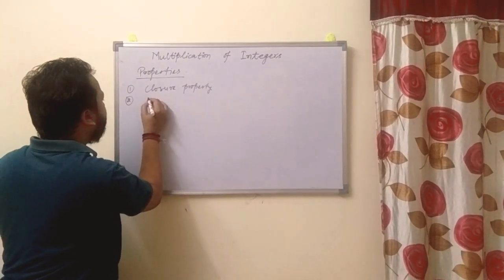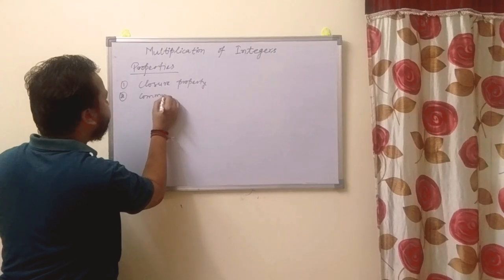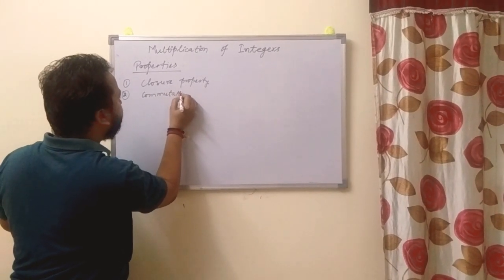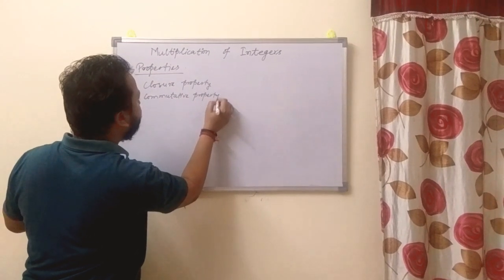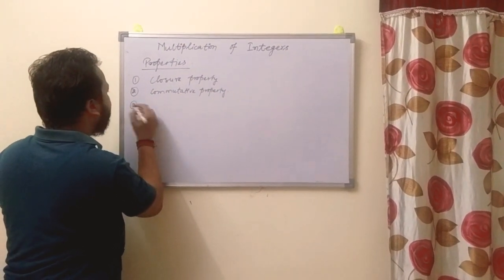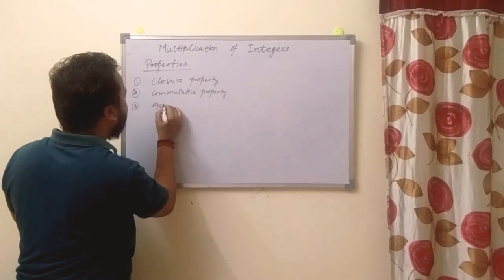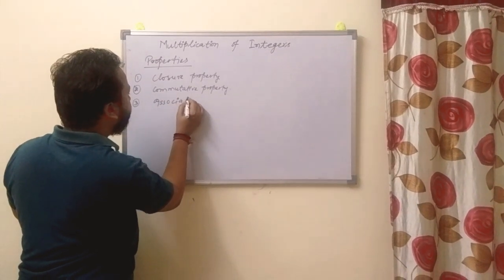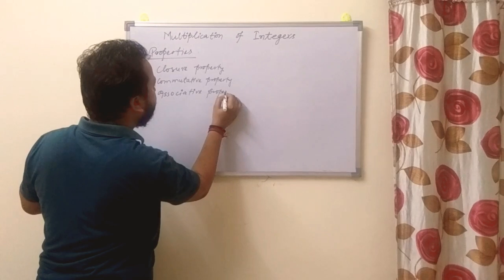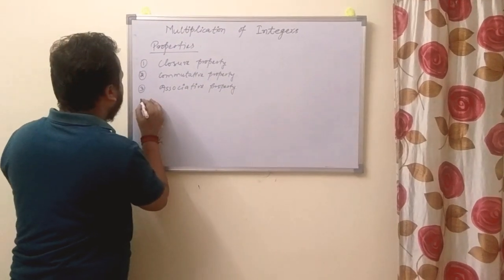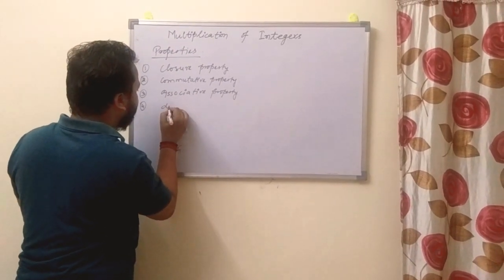Second one is commutative. Third one is associative. Fourth one is distributive.